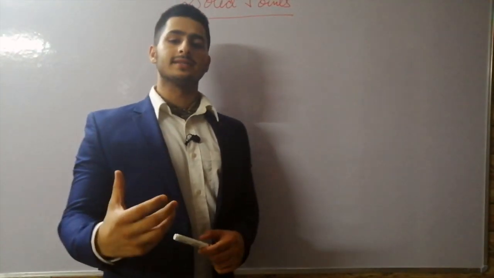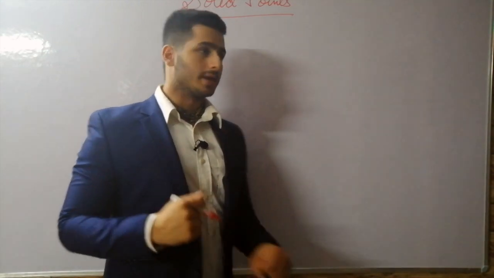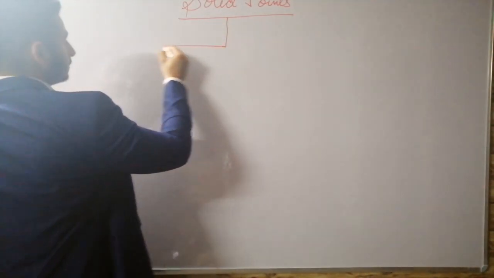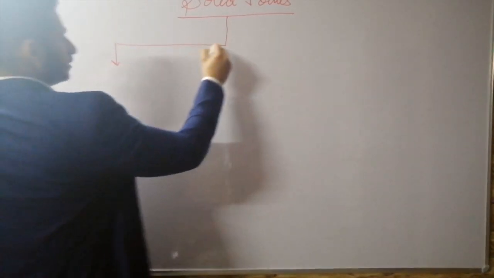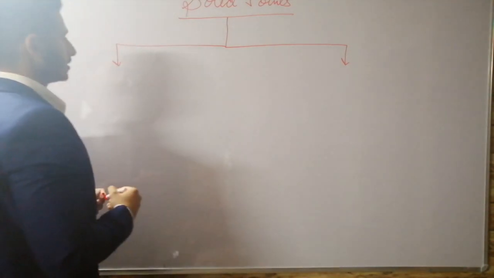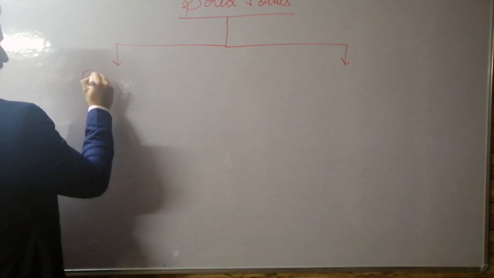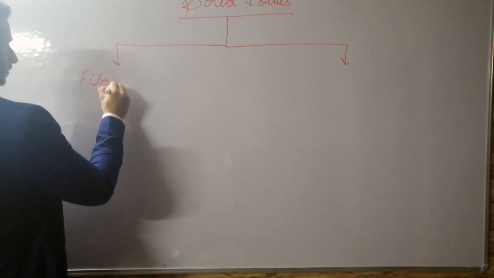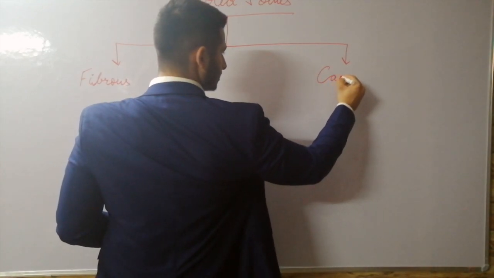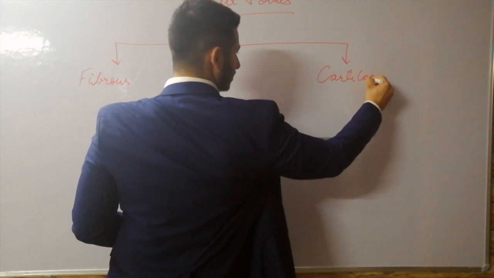Solid joints. When two skeletal elements are separated by a fibrous tissue or a cartilage, that is known as a solid joint. So we have two subtypes of solid joints. Those are fibrous and cartilaginous.